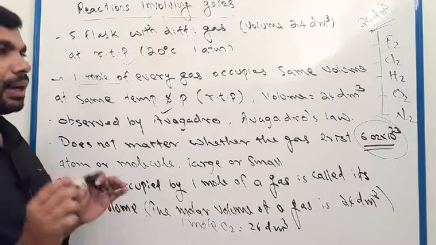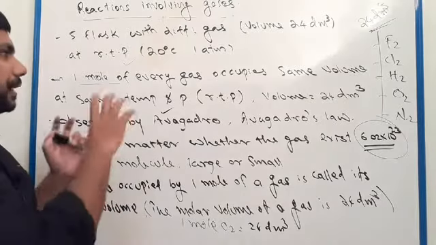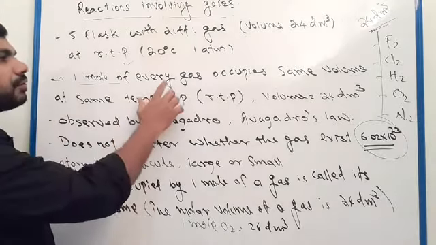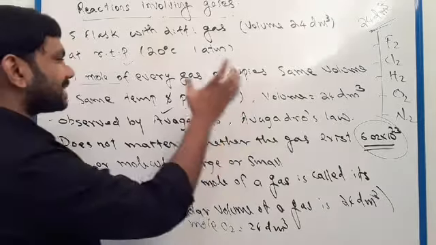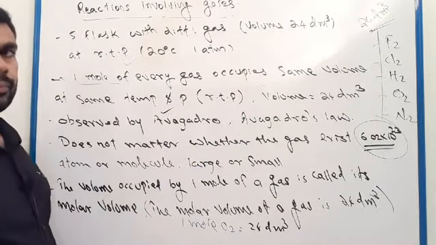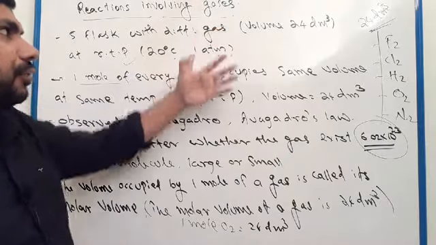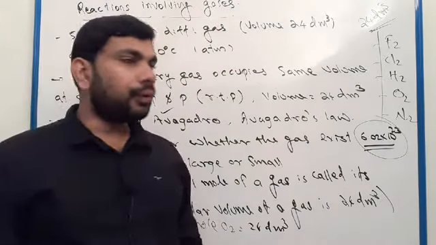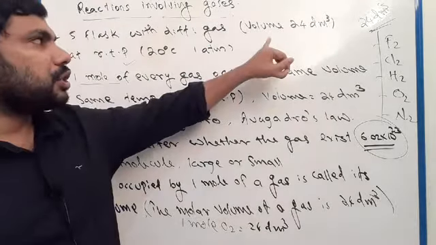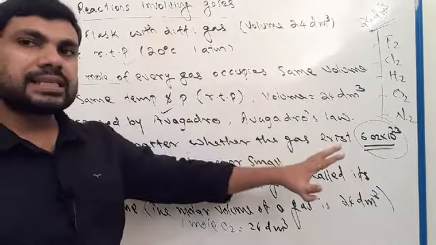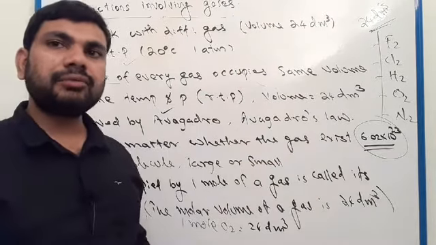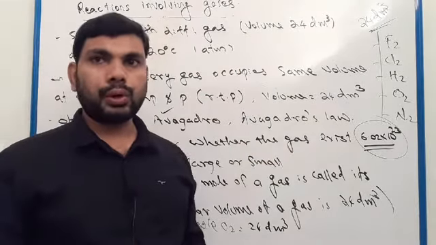Based on this, you can say 1 mole of every gas occupies the same volume. 24 decimeter cube of any gas will be 1 mole.